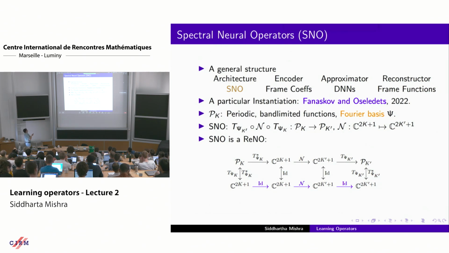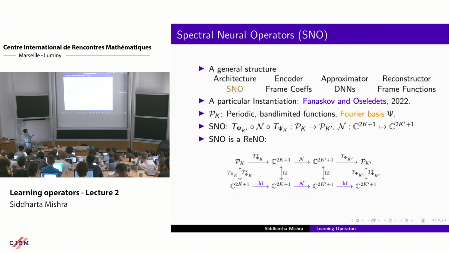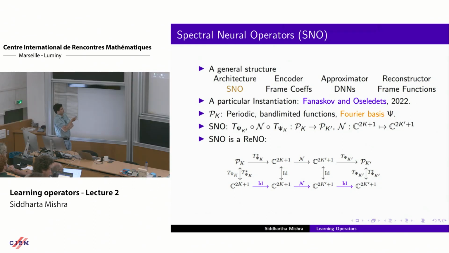If you take a spectral neural operator, SNO, just like you do with a numerical method, I am going to extract some finite dimensional inputs. Let's put it in terms of frames in the most general case. I extract frame coefficients. That is my finite dimensional encoding. I process the frame coefficients, for instance with a deep neural network. This is a finite dimensional object. And in order to get back to the infinite dimensional setting, I can use my frame functions. In other words, you can think of basis coefficients and basis functions.